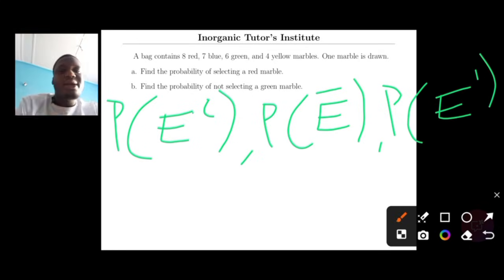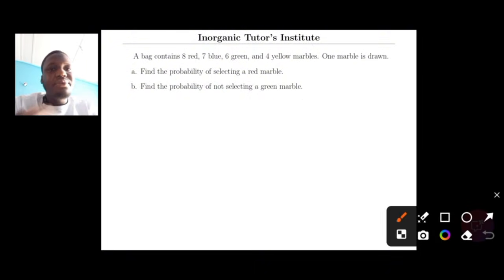When you see these three items in probability, they mean the same. And what they mean is the probability of not getting E, or the probability of E not happening, or the event is not E, is a different thing. Any other thing aside from E. Okay, good. So that's what we are being tested for in this particular question.